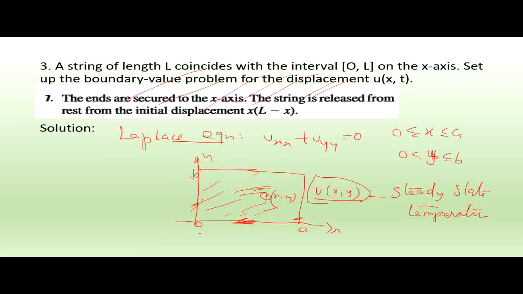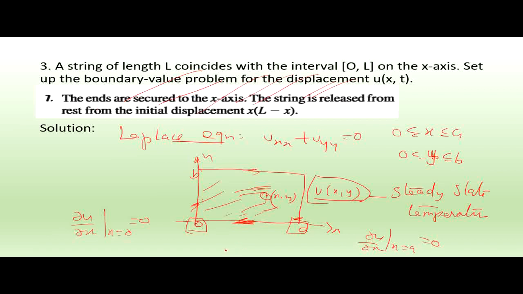This plate is insulated on these two edges. When you insulate, dou u by dou x when x equal to 0 is 0. On the right hand it's insulated, so dou u by dou x when x is equal to a is also 0. These are the boundary conditions for this problem.